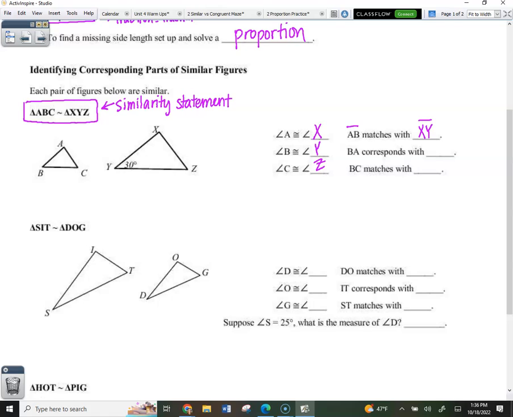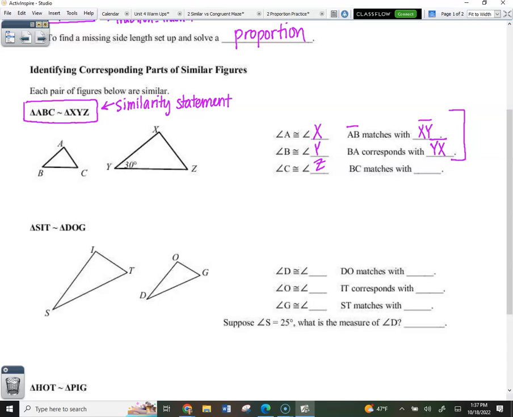Okay, you should be done. If you're not done, then let me go through this one and let's try to understand how to answer it so you can do the next one. Side BA corresponds with side YX. Trick question. Do these two statements mean two different things?